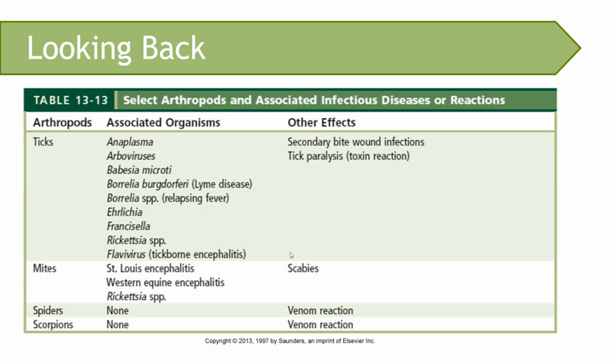We also have mites: St. Louis encephalitis, scabies, Western equine encephalitis, and Rickettsia species. Take note that spiders and scorpions are not associated with other organisms, but they have venom reactions.